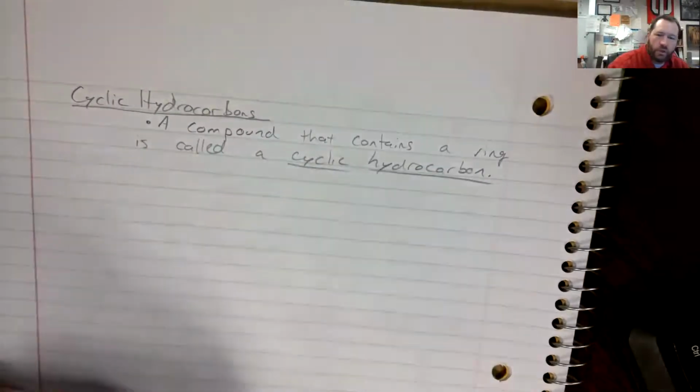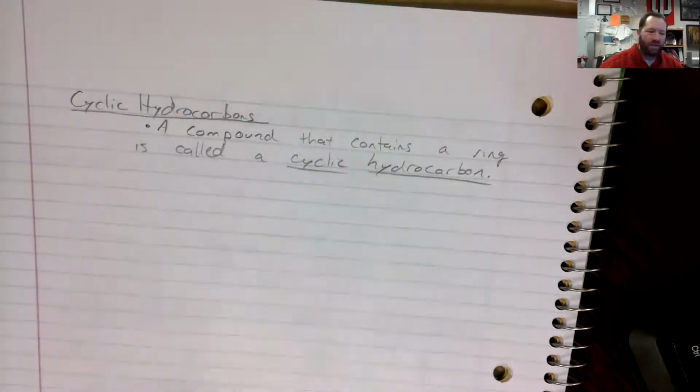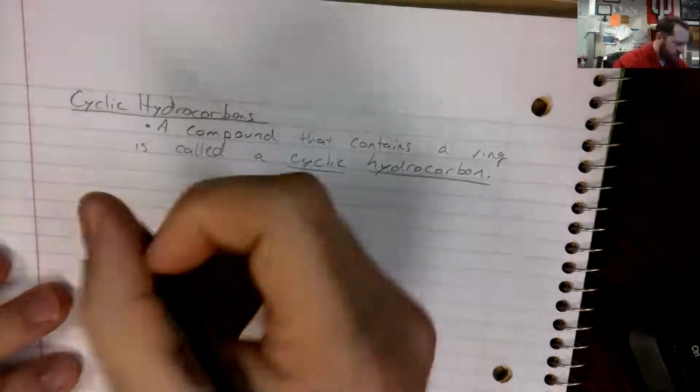And I know I told you when we named molecules last chapter, never, ever, ever draw shapes. You know, don't draw pentagons, don't draw squares, don't draw triangles. Well, in carbon chemistry and organic chemistry, that's not always the case. You are allowed to draw rings. When we name them, it's pretty simple.